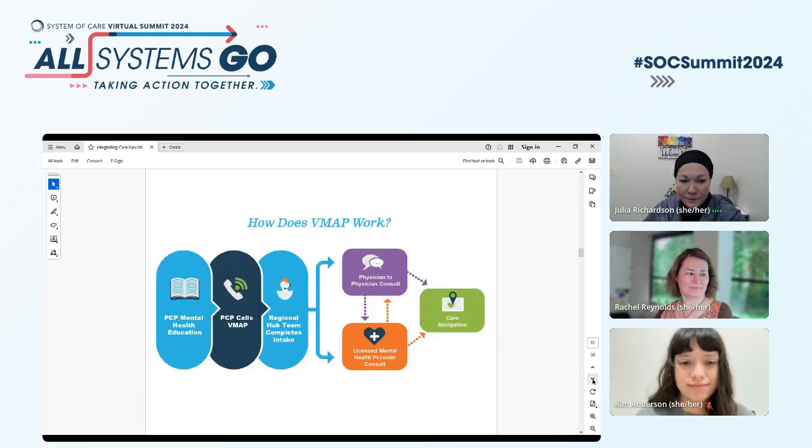Move forward. This is how ideally we've envisioned the whole system working together for VMAP, that we do education that improves capacity in the primary care world, that they're identifying more problems, they're stabilizing kids so that there's less need for really higher levels of care and advanced use of the mental health system, and that they're calling us when there's problems or when there's more complex issues presenting in their offices, and that we're getting kids referred into the right kind of treatment in a timely way, reducing the time to treat so that they're not trying something else and then getting referred from a primary care provider to a generalist mental health provider to a specialist mental health provider.